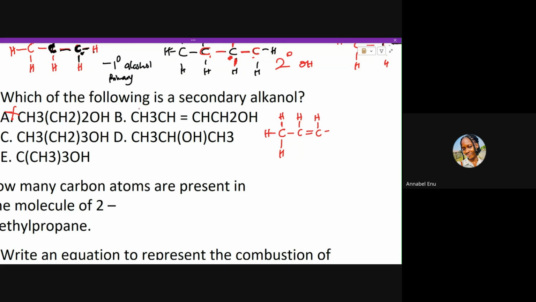Then another C with 2 H, then our OH. So tell me, is this a secondary alcohol?